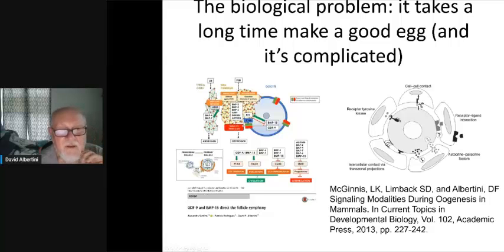Dictated, of course, not only by the actions of gonadotropins, but steroids, and dictated, as we have come to learn, by factors that are genetically expressed in the oocytes themselves, that impact many aspects of the metabolism of the granulosa cells.